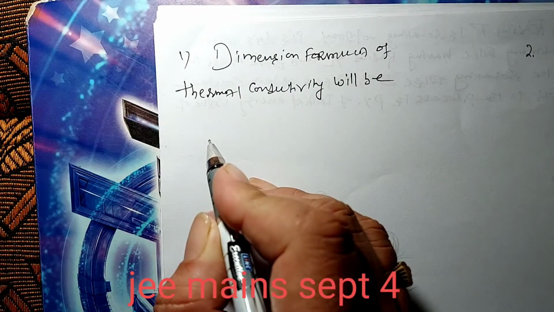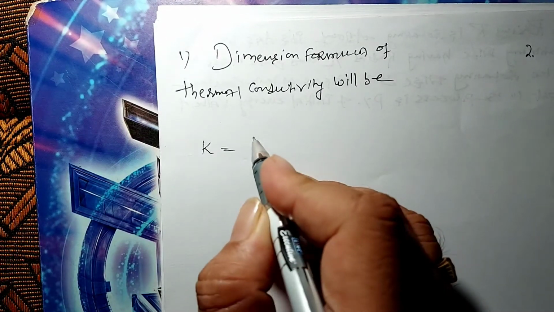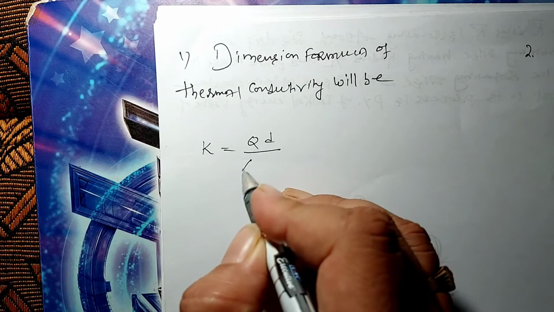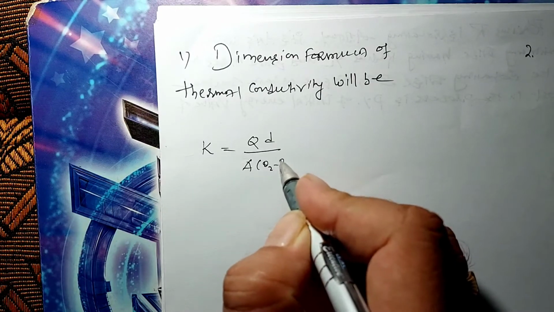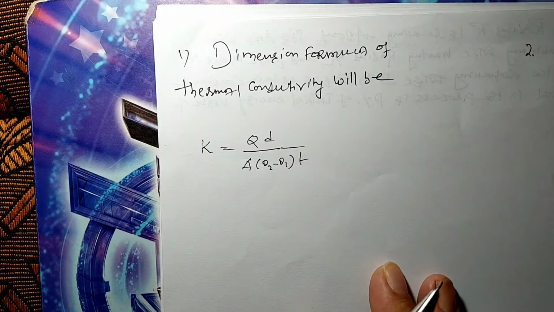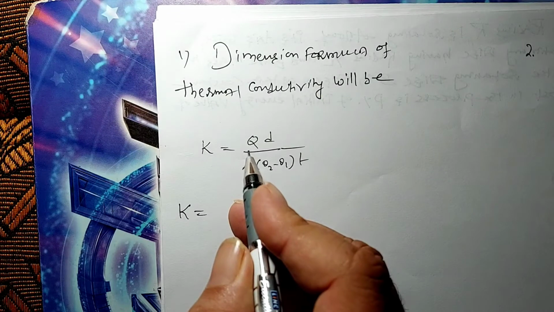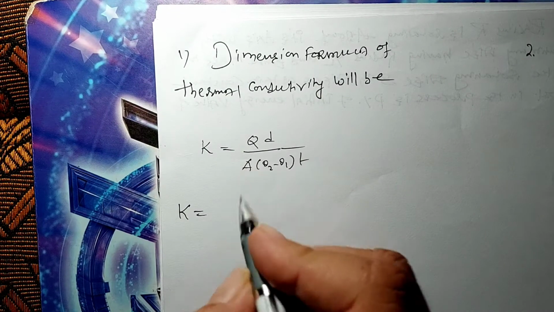The coefficient of thermal conductivity K is equal to Q into d by A into (theta 2 minus theta 1) into t. Here Q means heat energy.